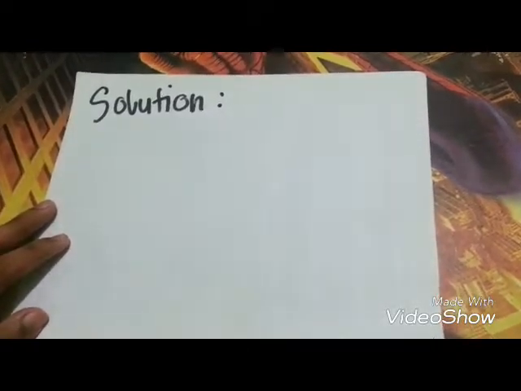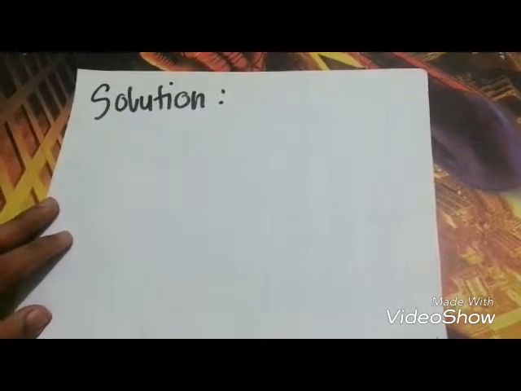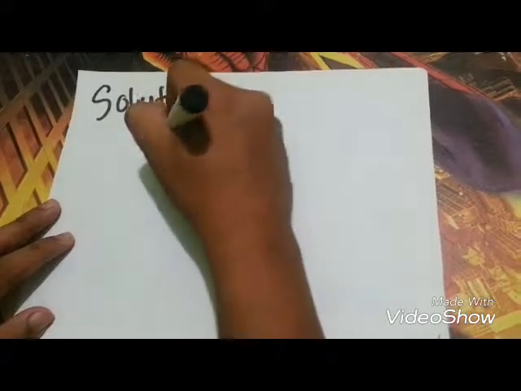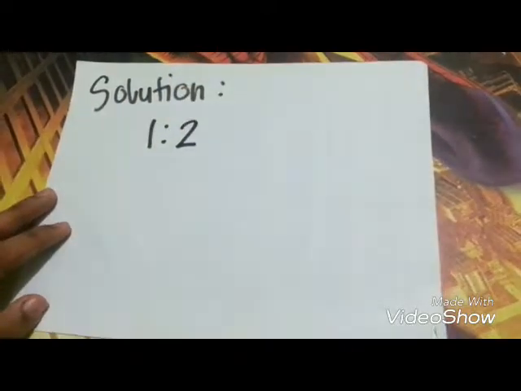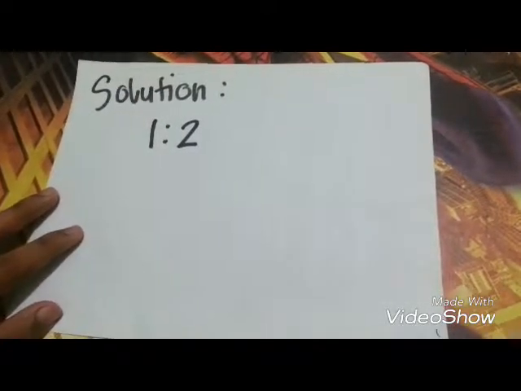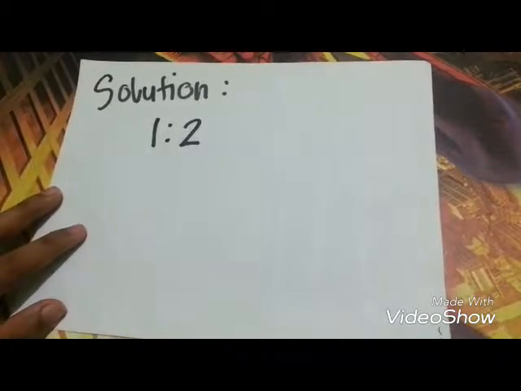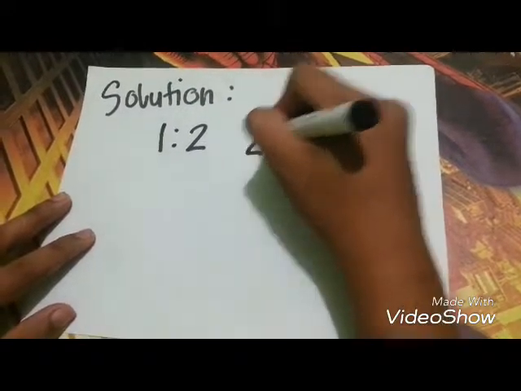If I can read one book in 2 days, the ratio is 1:2. Then I want to read 23 books in unknown days, so the ratio will be 23:n.